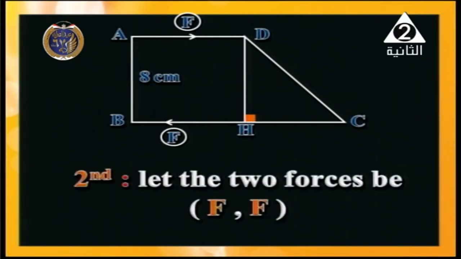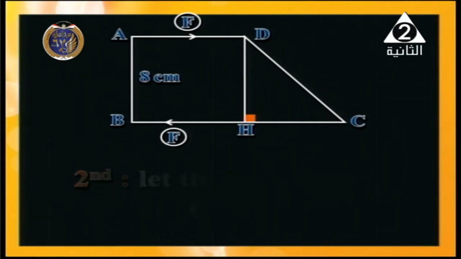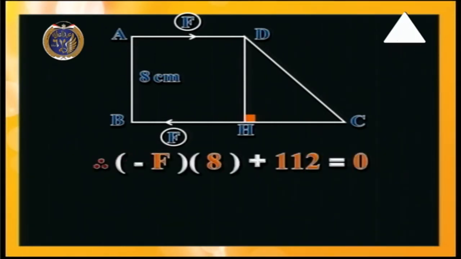My dear student, let the two forces F and F act on AD and HB. The moment of the couple must equal 0. The sum of the moments of the couples, if the two forces act on AD and HB, must equal 0.